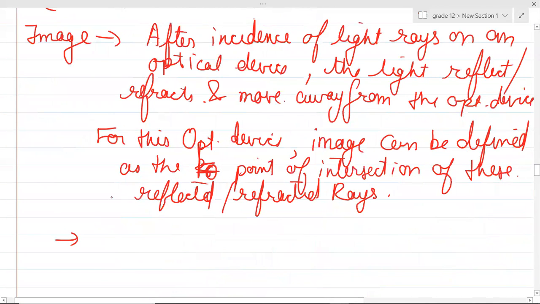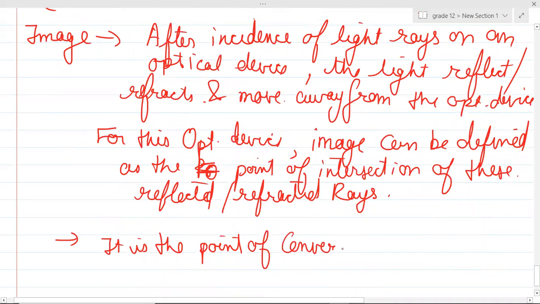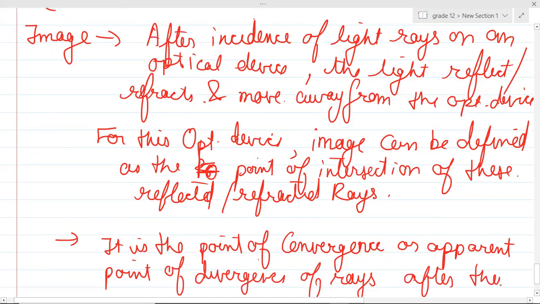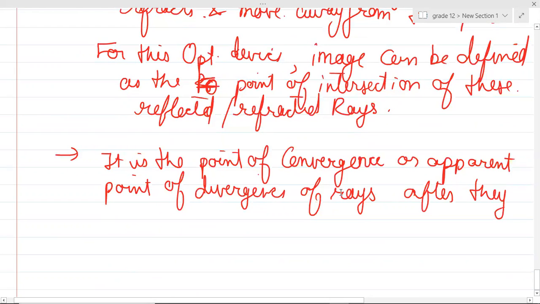Please remember. Now, you can also define it as the point of convergence or the apparent point of divergence of rays after they interact, or after of which rays, by the way, guys, which rays?